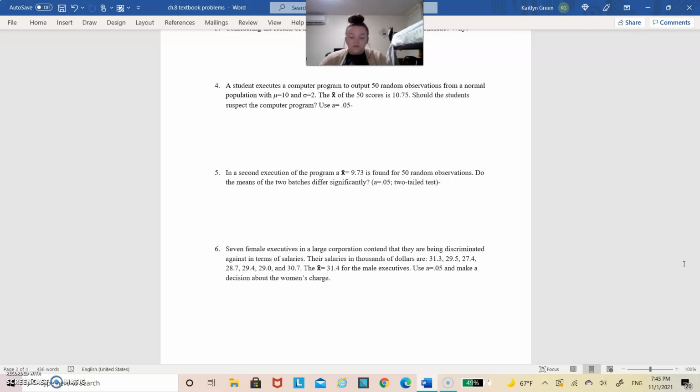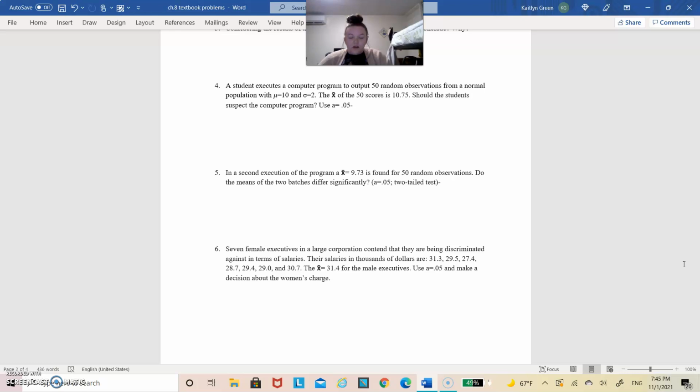We know that n is 50 and mu is 10. Sigma is 2 and x bar is 9.73, which we're going to be doing a z-test here. So that'll be x bar 1 minus x bar 2 divided by the sigma of x bar 1 minus x bar 2.